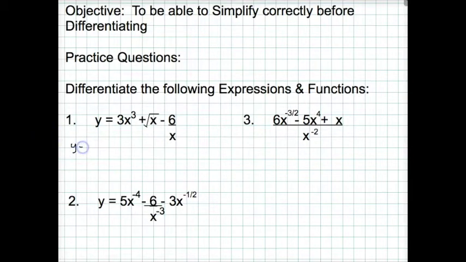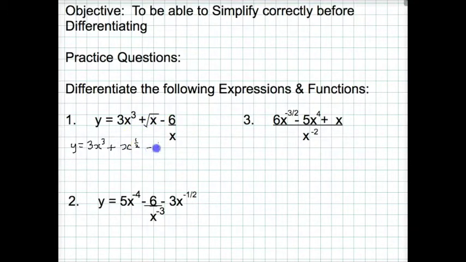So here, y is going to equal, well, this one stays as it is. This doesn't need to be simplified, 3x cubed. But we've now got root x. Now root x needs to be in its powers form, so that becomes x to the half. And then negative 6 over x, we need to get this x to the top here.